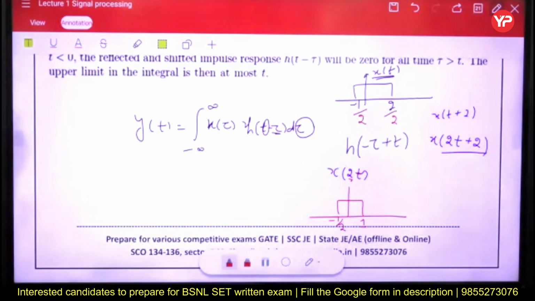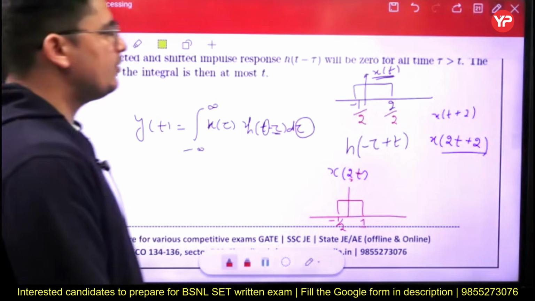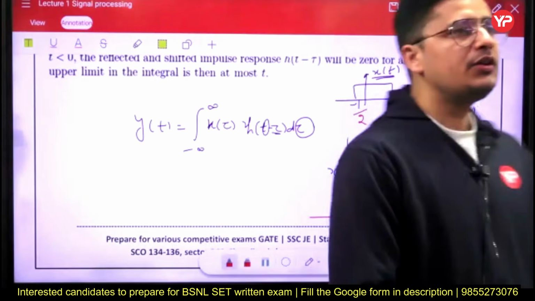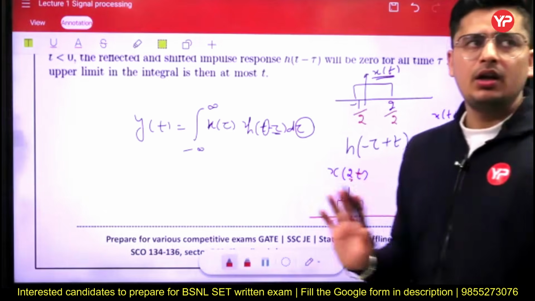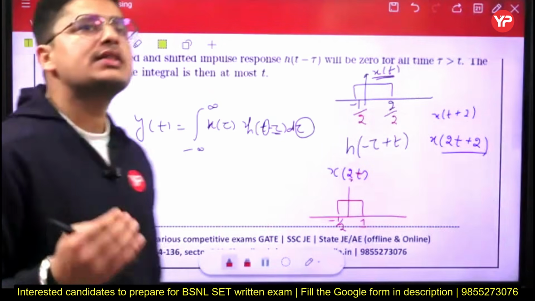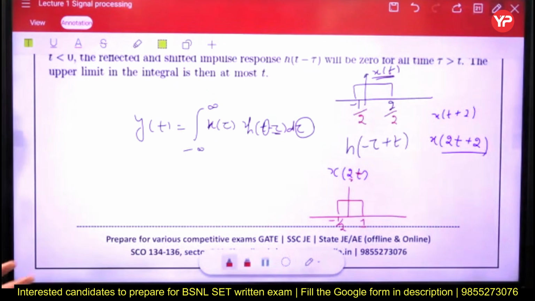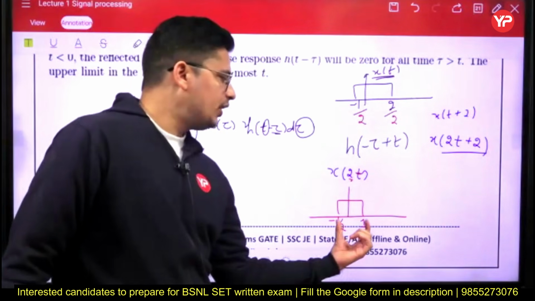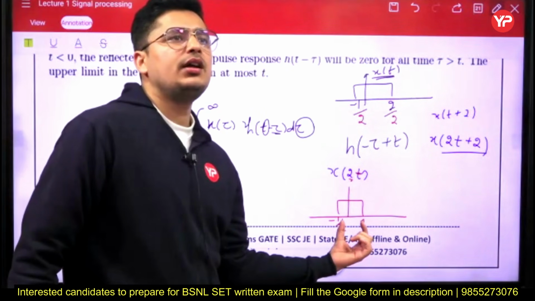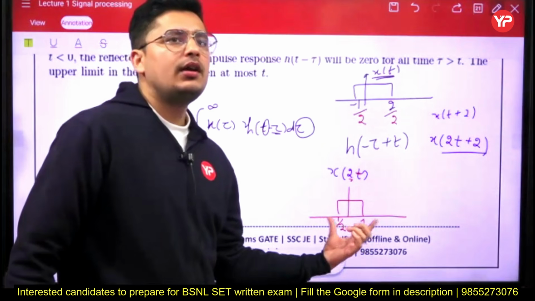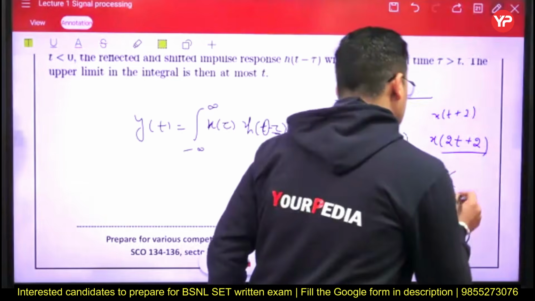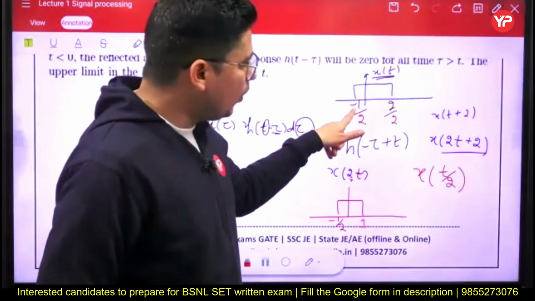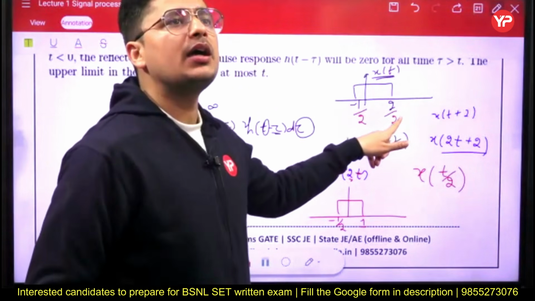So this is called compression. We compress the signal. The original signal x is lying from minus 1 to 2, and when you compress that signal, it goes from minus 1 by 2 to 1. Understood everyone? So this is called scaling. Scaling is of two types. Scaling means we compress the original signal. Another one is expansion. Expansion means if I draw the graph of x(t/2), all these values of t will be multiplied by 2.